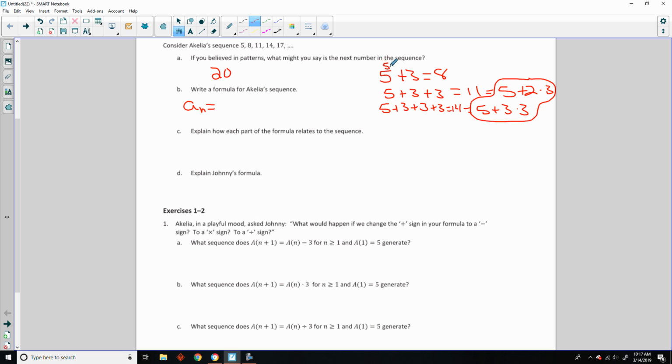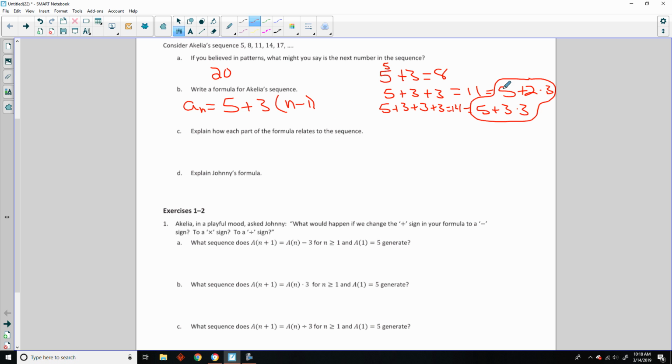We started with 5, and we added multiples of 3. So it's 3 times, well, 3 times our first term, and since we're on our second term, it'd be the second term minus the first one to get to our first term.